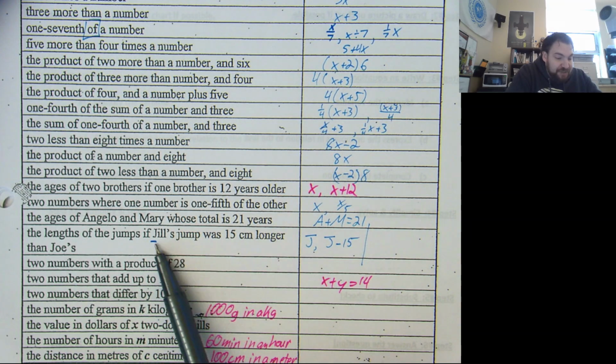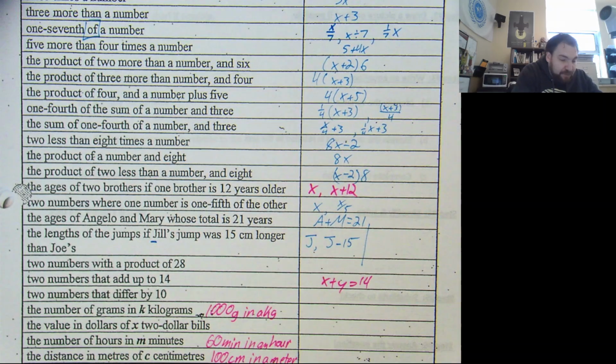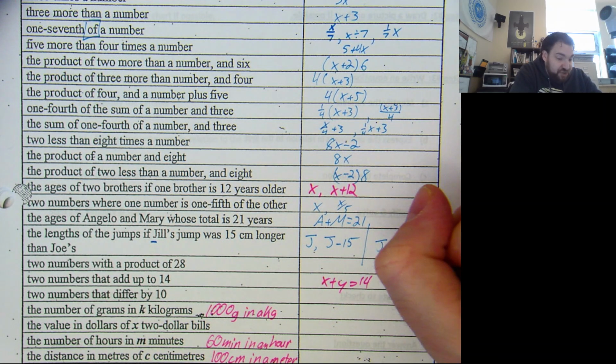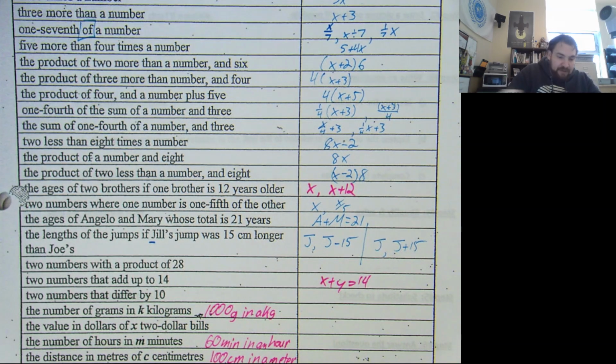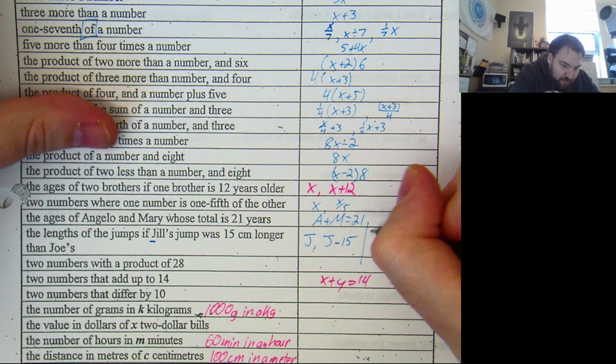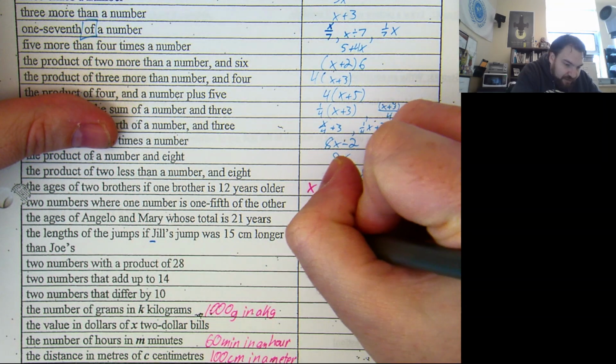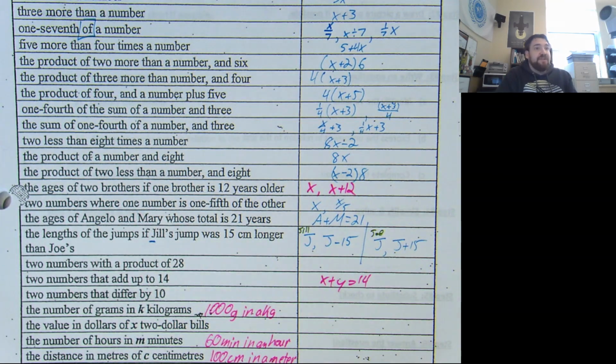Jill's jump is the longer of the 2, so Joe's jump needs to be 15 centimeters less. Conversely, I had some people who said that Joe was J, and then Jill was J plus 15. Depending on who you used to define your variable, your expression is going to be different.